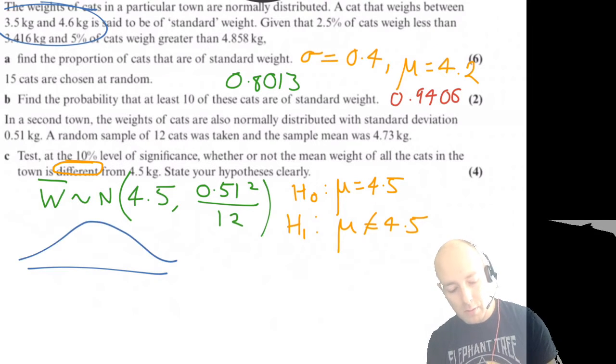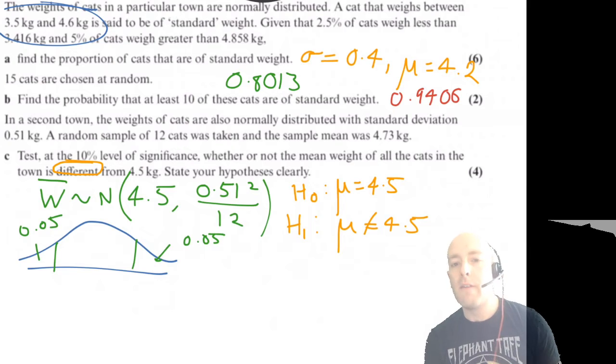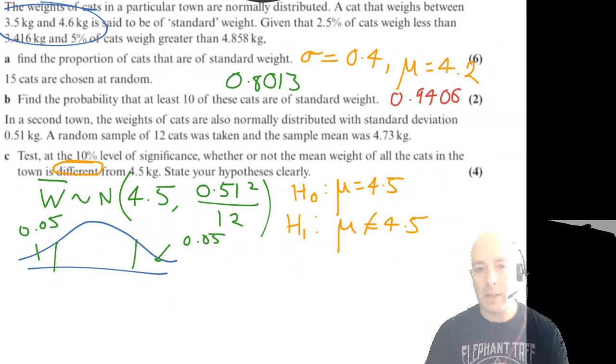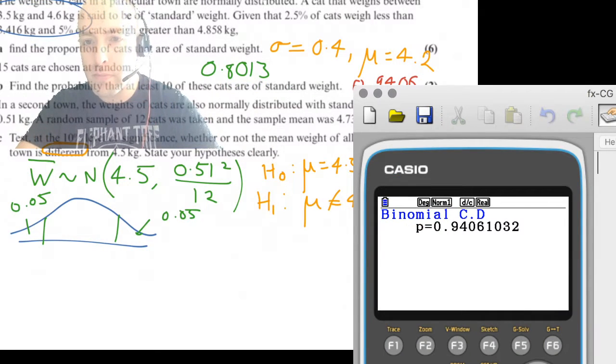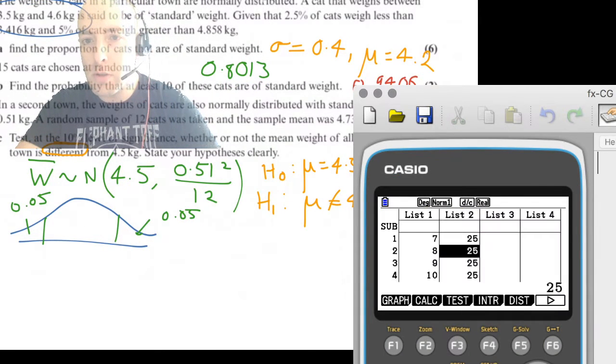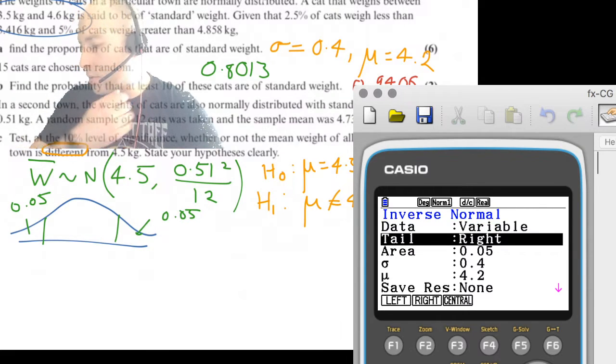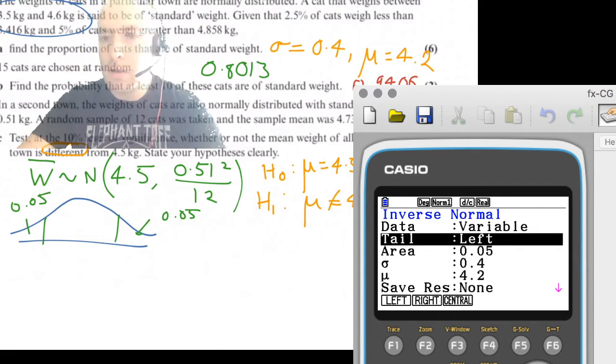And we're trying to find what these critical values are. So 0.05, 0.05. So it's going to be inverse normal, find those two values, and then we can actually do the hypothesis test. So distribution, normal, inverse normal. Again, we'll start with tails to the left because that's what the ClassWiz calculators can do.